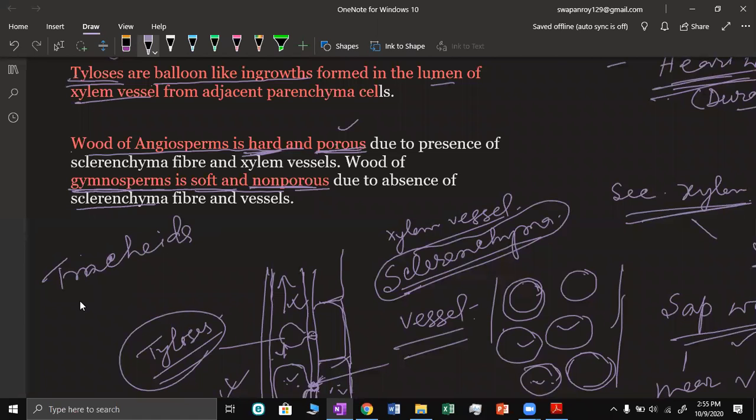Tracheids have a very narrow lumen compared to vessels, and these are closely packed. So this is non-porous, and the angiosperm wood is porous wood. So hardwood and softwood, and porous and non-porous wood.